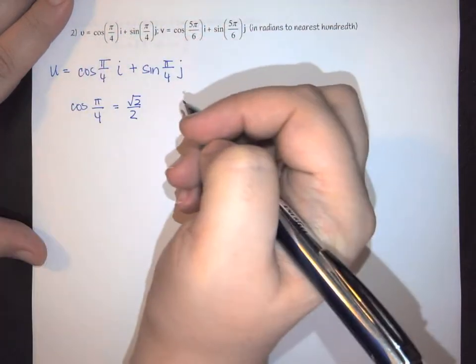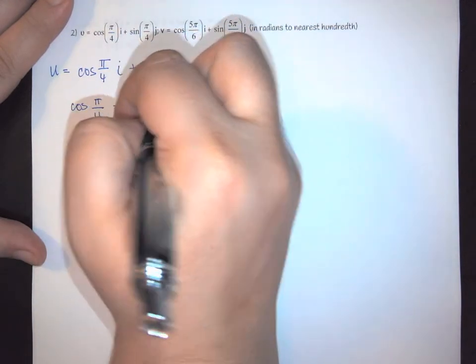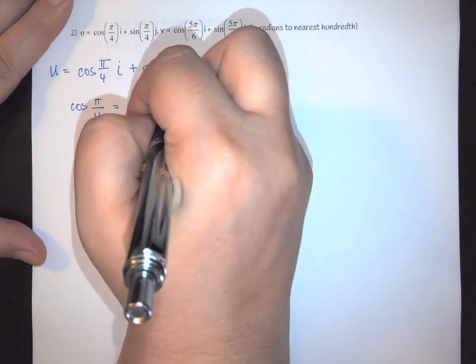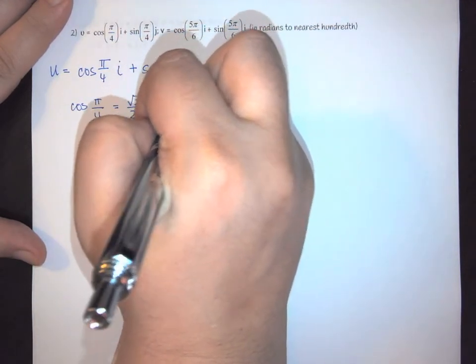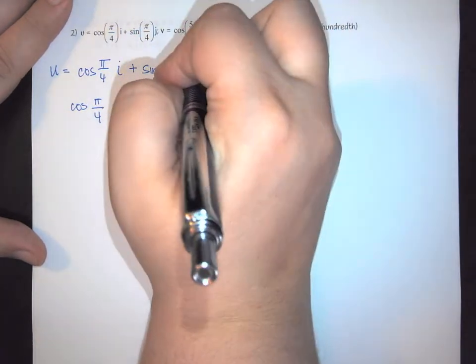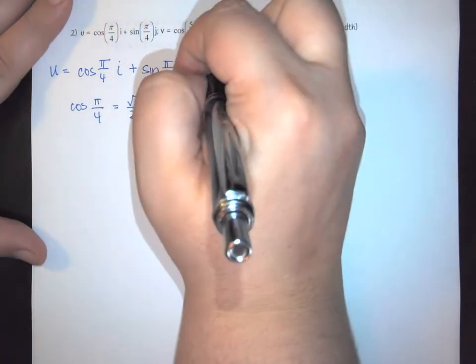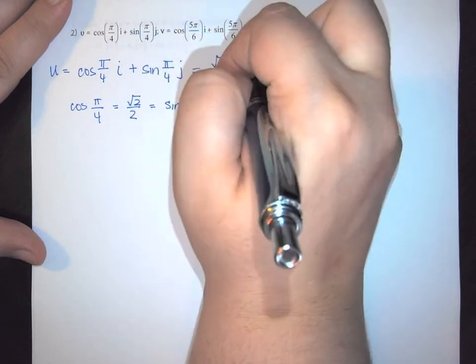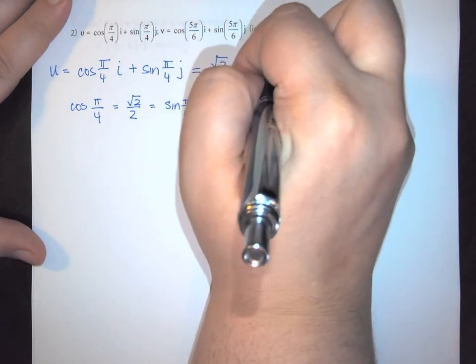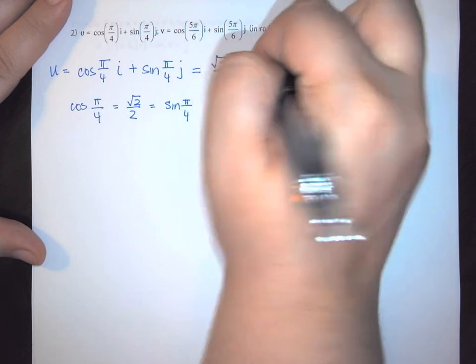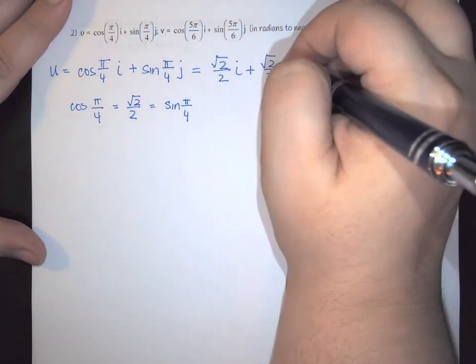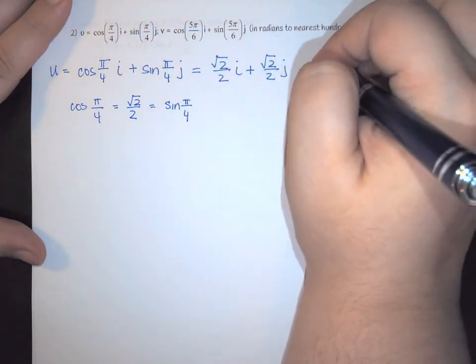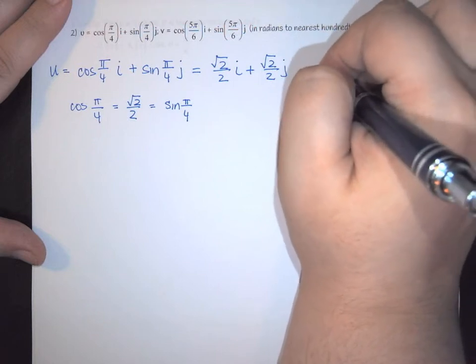That just so happens to also be the sine of pi over 4. So we actually have the square root of 2 over 2 i plus the square root of 2 over 2 j, which gives me a component form of square root of 2 over 2, square root of 2 over 2.